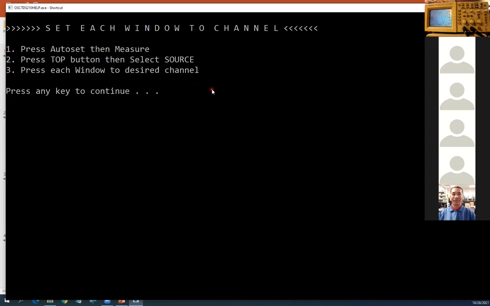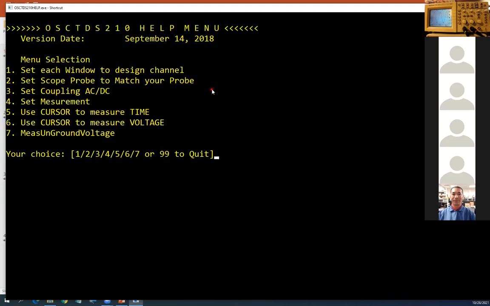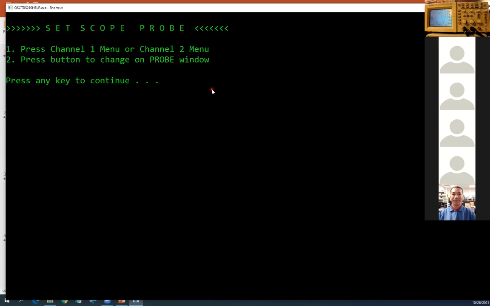First thing you want to do in your scope, you must set which window for input channel 1 or channel 2. Okay? If you have a question, let me know. The next step says set scope probe to match your probe. Number 2, it tells you to press channel 1 menu or channel 2 menu, then press the button to change the probe window.